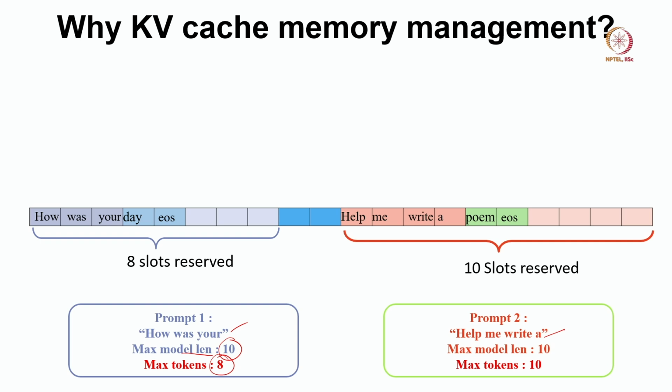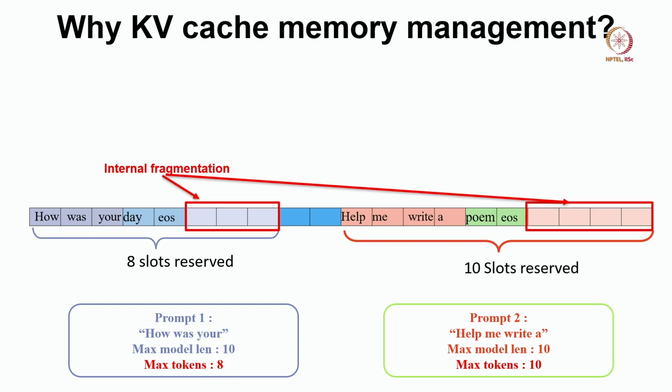Still we will have internal fragmentation, because in prompt 1 we have only 2 tokens generated. That means we need to store the KV cache of a maximum of 5 tokens, so still we have 3 slots wasted. That is the result of internal fragmentation.